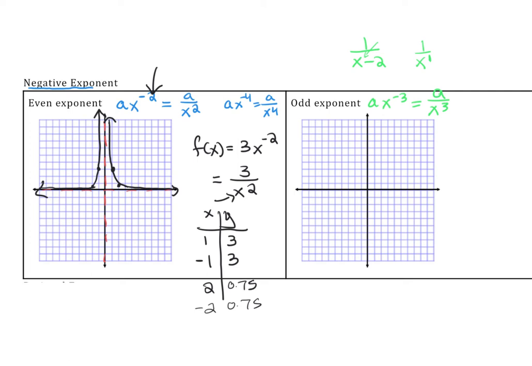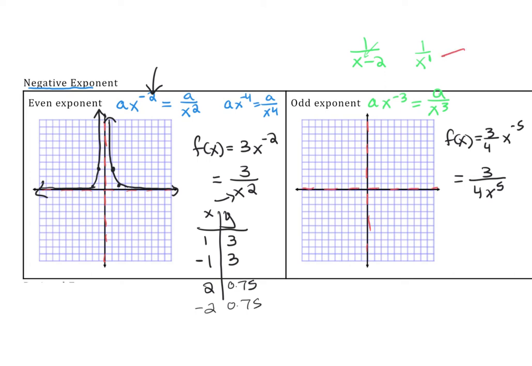So the function is f of x equals 3/4 times x to the power of negative 5. If you rewrite that, that would be 3 over 4x to the power of positive 5. So once again, I've got vertical asymptote at 0 and a horizontal asymptote at 0.